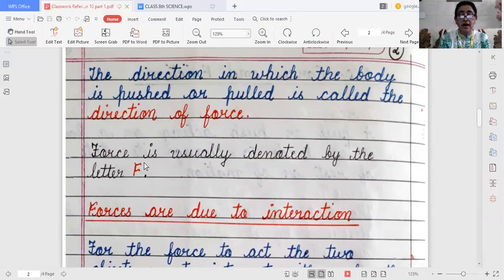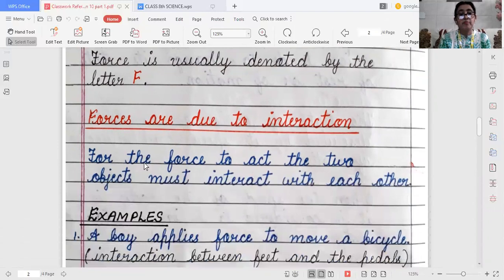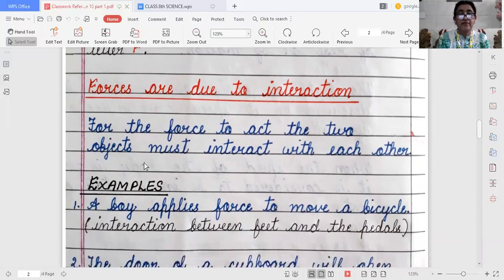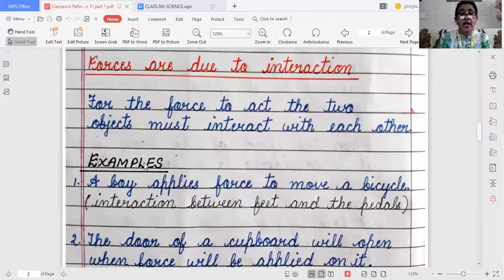Now, forces are due to interaction, meaning forces occur when there is interaction between two objects. For the force to act, the two objects must interact with each other. I will take two examples for that. The first example: a boy applies force to move a bicycle and it starts moving. Why?